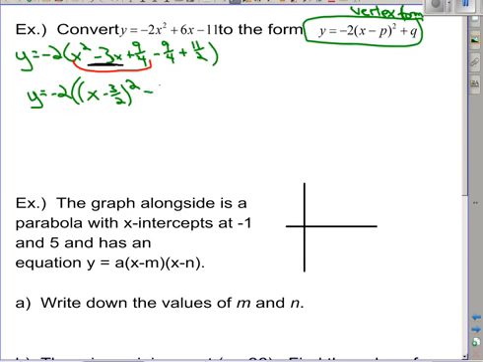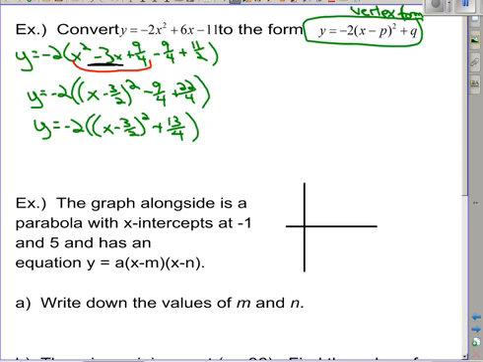Then at the end, I have -9 over 4 plus 11 over 2, which would be 22 over 4. Okay, I'm going to combine those terms on the inside, which would give me 13 over 4. And finally, multiply everything by -2.